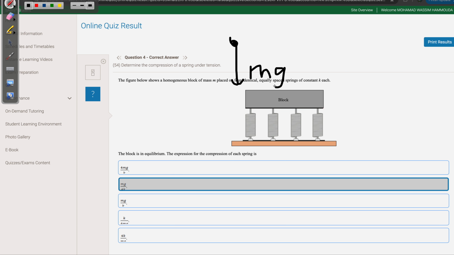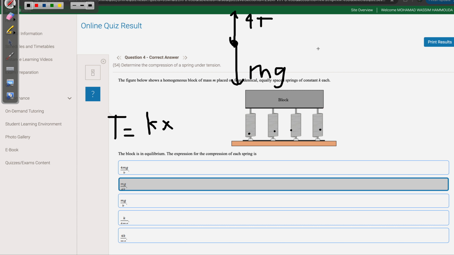We know the rule from physics from ages ago. And up we will have 4 tensions, one from each of the 4 springs. 1, 2, 3, 4. Tension is equal to kx by Hooke's law.